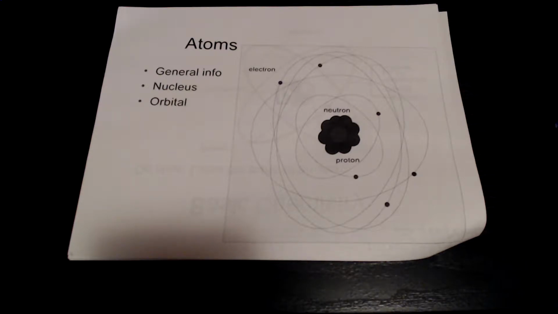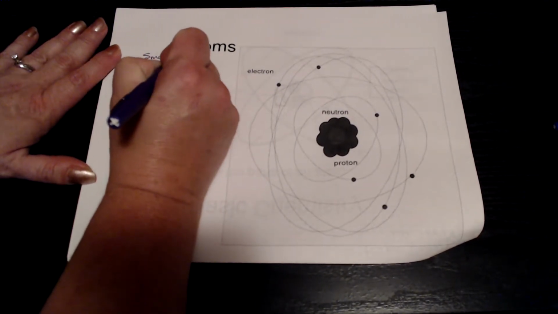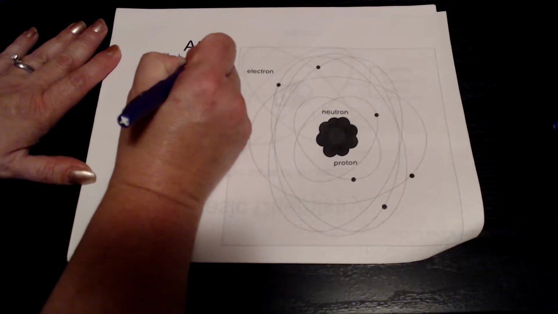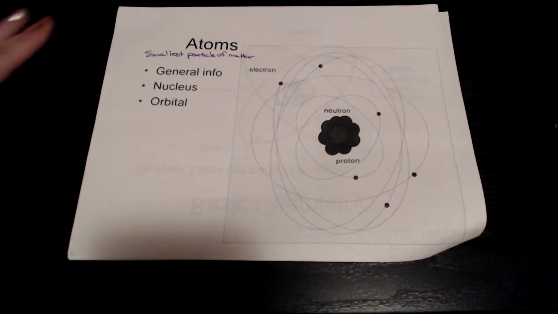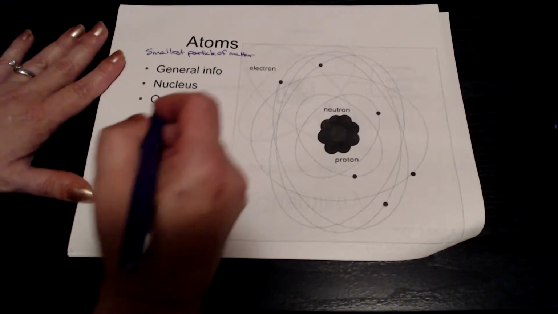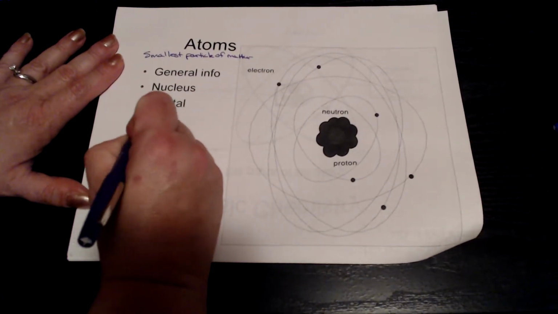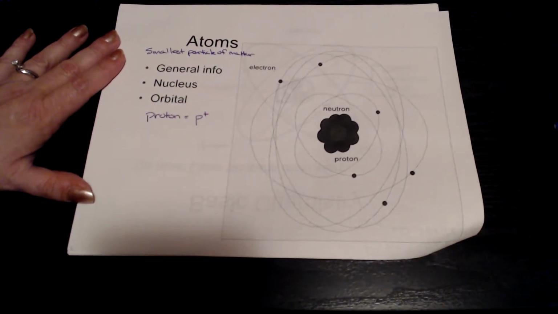Again, this is just to review the general information about atoms, you know that atoms are the smallest particle of matter. Okay. We talked about the protons and the neutrons and where they are inside the nucleus. One thing we better clear up is maybe the abbreviations I use, just so that you get used to them.